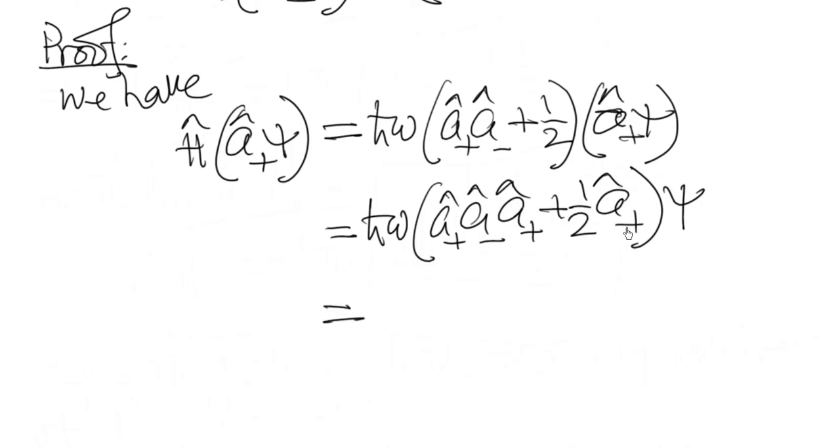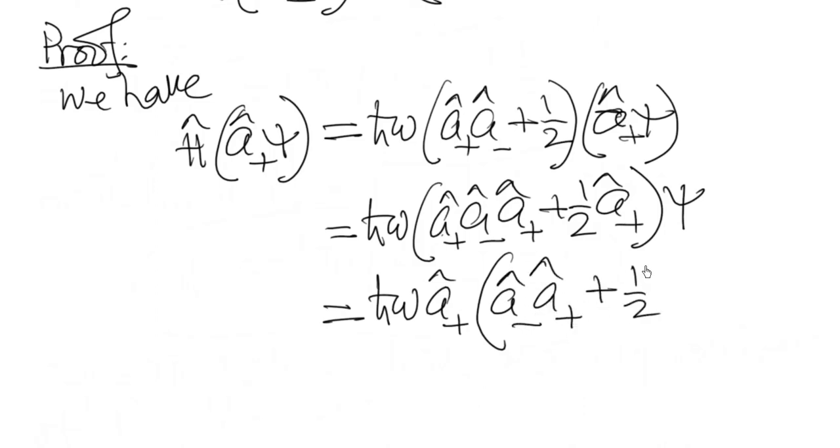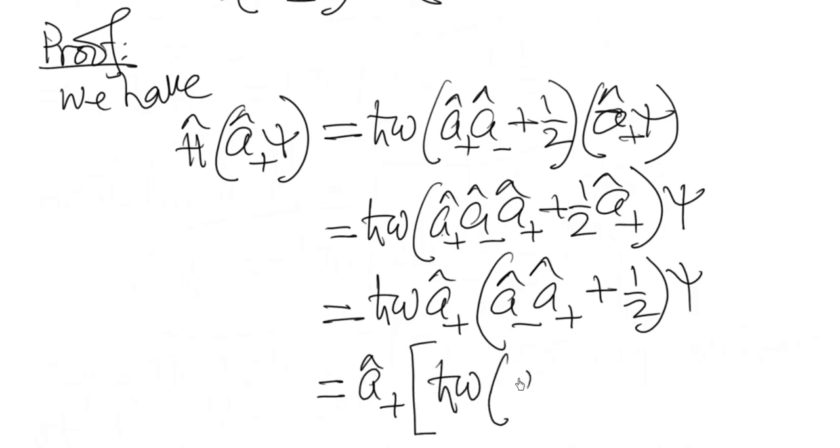And now you take A plus on the left of this, so we will have A minus A plus plus 1/2 psi, and this can be written as h cut omega, A minus A plus, and we take a minus 1/2 here.